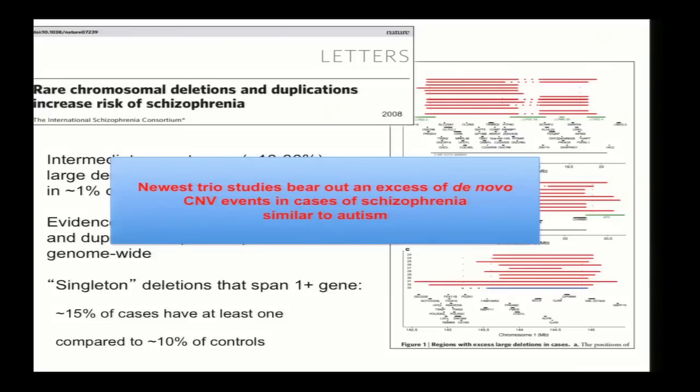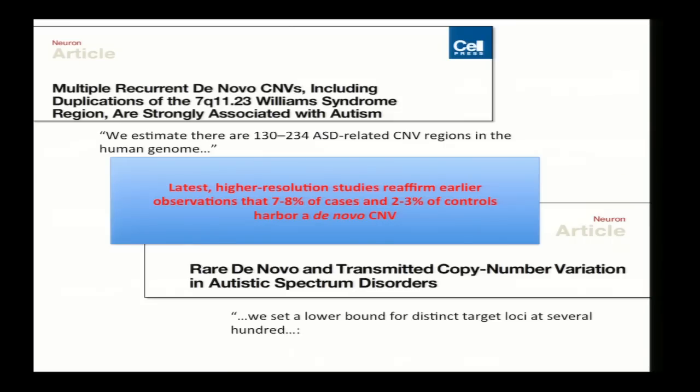So if you think of deletions or duplications, 0.5 megabase or larger, that are rare but genic, those kinds of events are seen more frequently in cases than in controls. So maybe in about 2 to 3% of controls, and in about 7 to 8% of cases with autism, and the case-control difference is a little bit more modest in schizophrenia.